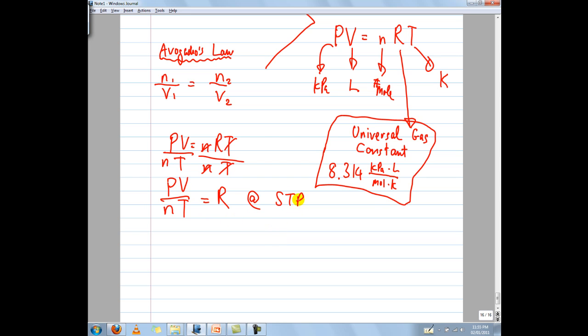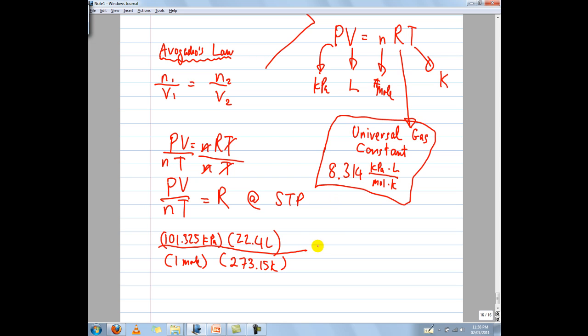Because I know with STP, the standard pressure is 101.325 kilopascals, and standard temperature is 273.15 kelvins, and I know that at STP, 1 mole of any ideal gas will have a volume of 22.4 liters.